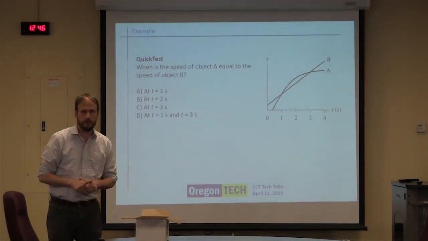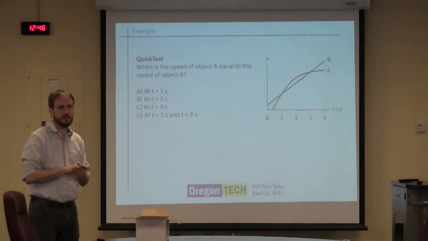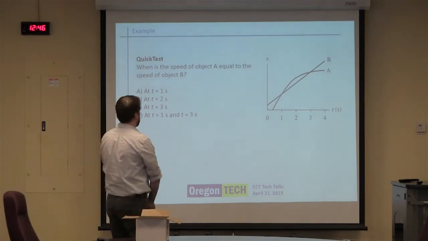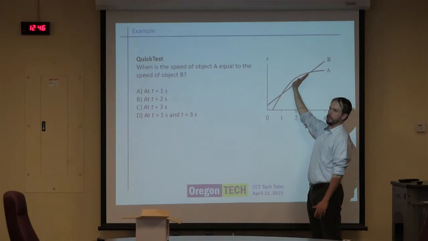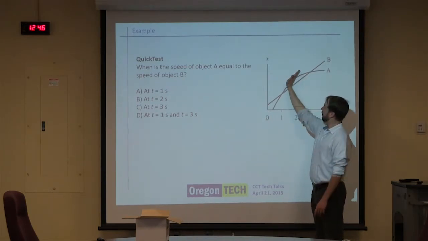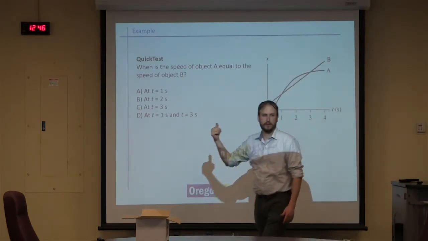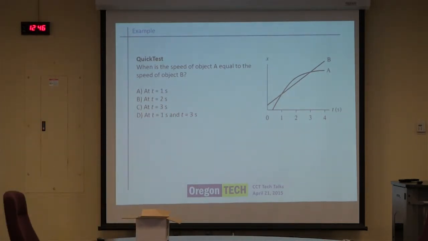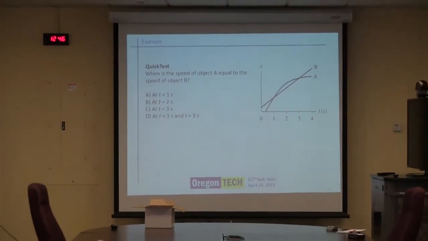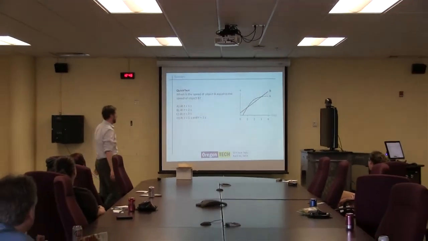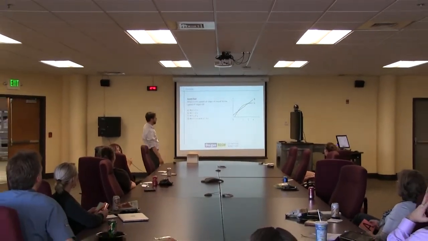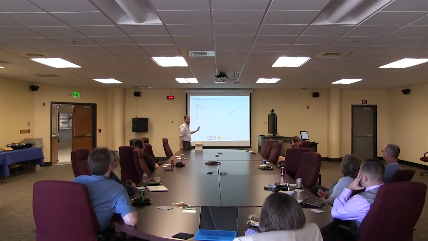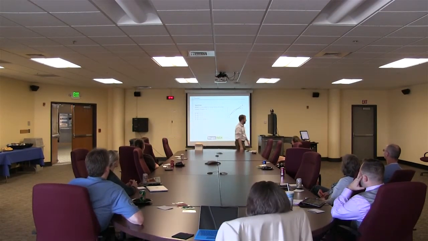Knowing that it's the slope of the curve that determines the speed, what do you think? So if you look at this, it will be at 2 seconds. Here, the two speeds are equal at 2 seconds. Then once they see the example, they can go back to the first one and say, okay, now I understand where the difference is. Probably, yeah, that's what we're hoping. So everybody sees the idea of how this works.